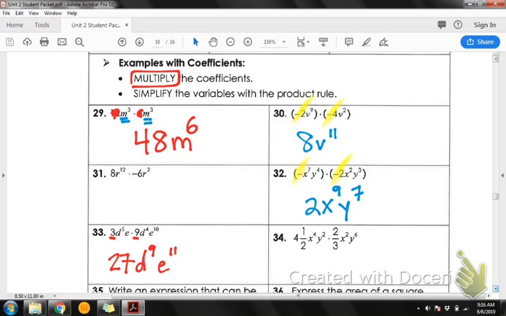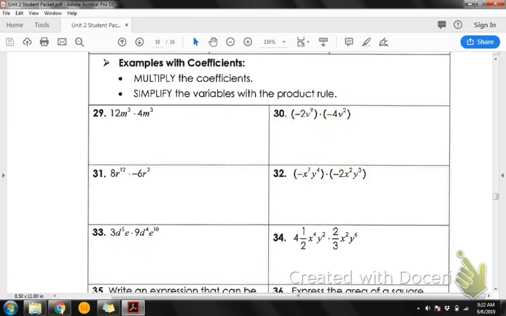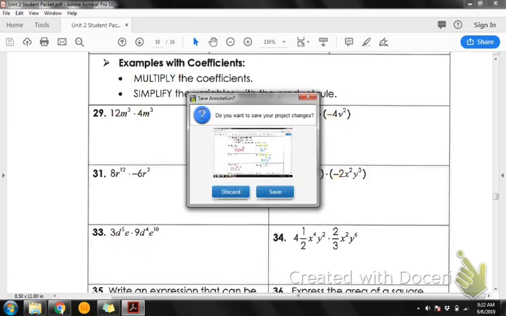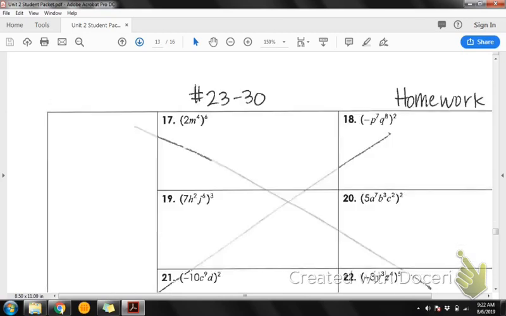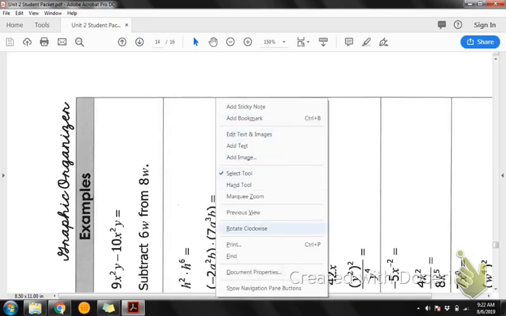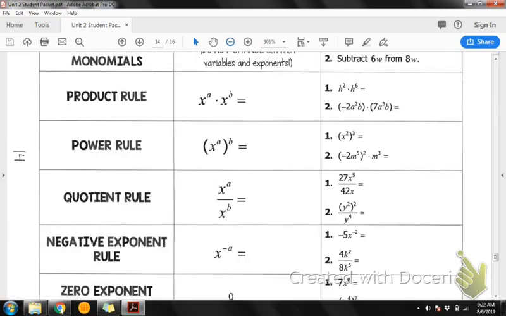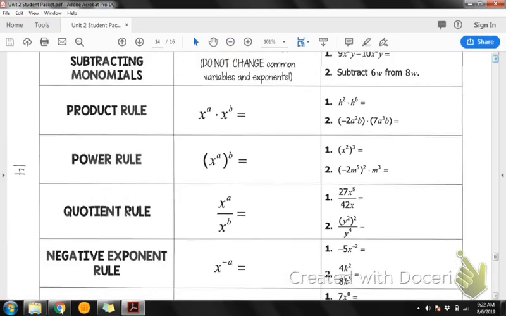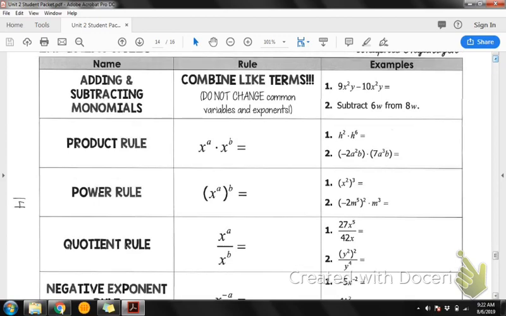Now I'd like you to please turn to page 14. Hop over to 14. On page 14, these are the things that we're going to learn today. And the first one we talked about was the product rule.